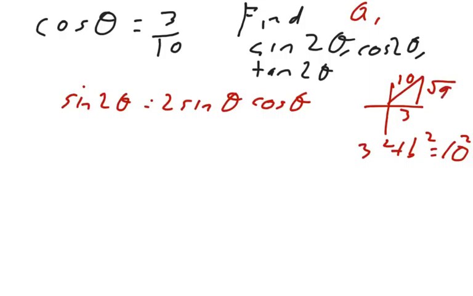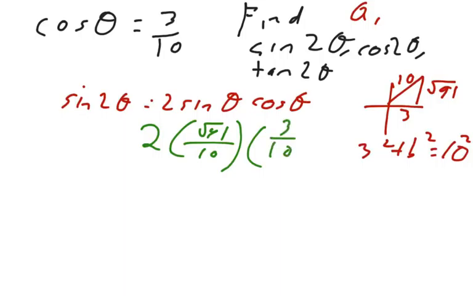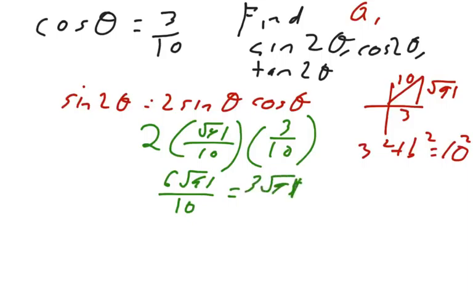When you do the Pythagorean theorem, that turns out to be the square root of 91. So we got 2 times the square root of 91 over 10 times 3 over 10, which gives us 6 square roots of 91 over 100, or 3 square roots of 91 over 50.